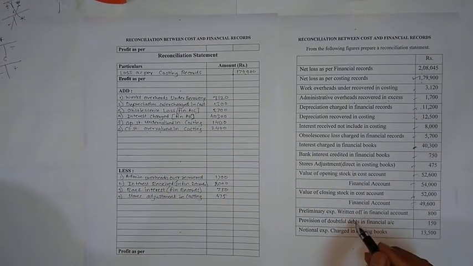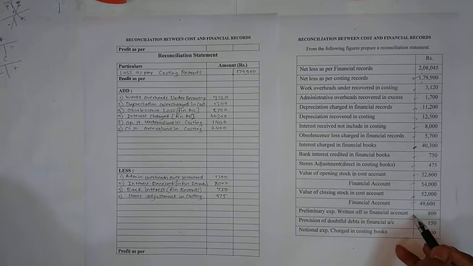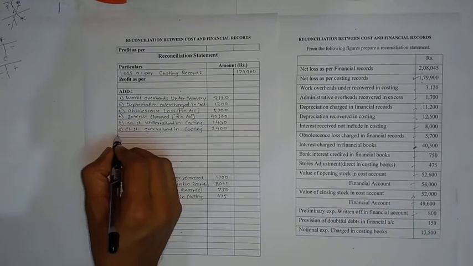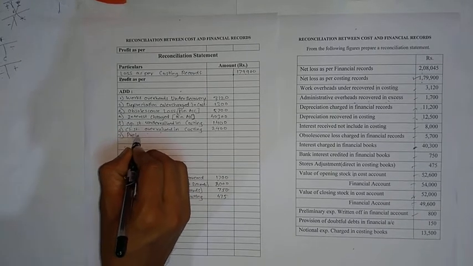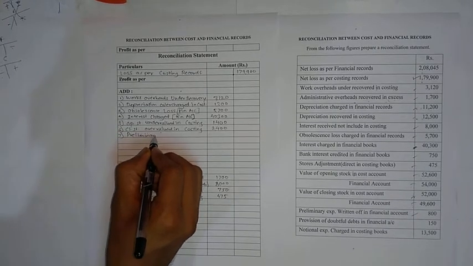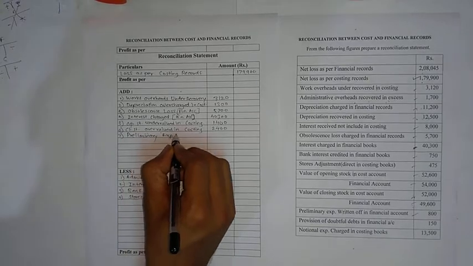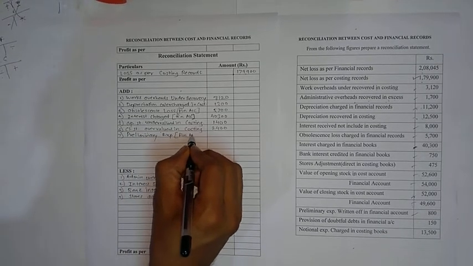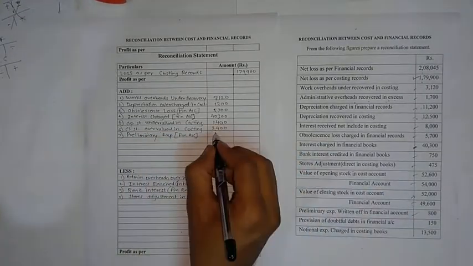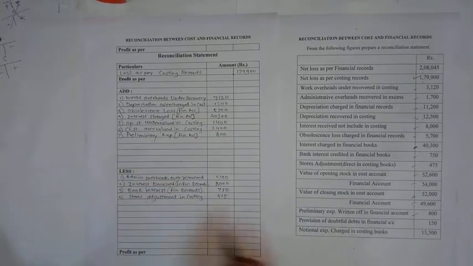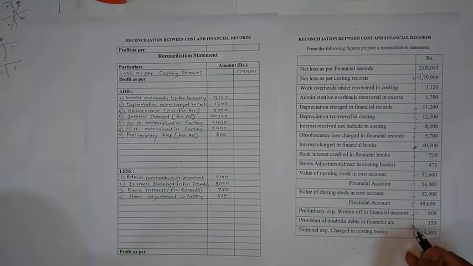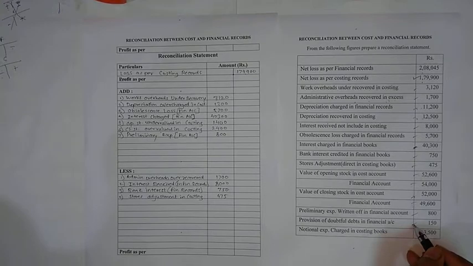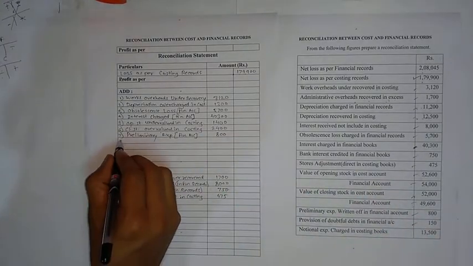Next is preliminary expenses written off in financial account only. Again, expenses recorded in financial books only, it should be added. Preliminary expenses, financial account only, amount 800. Again, provision for doubtful debts, it is again expenses in financial books added.